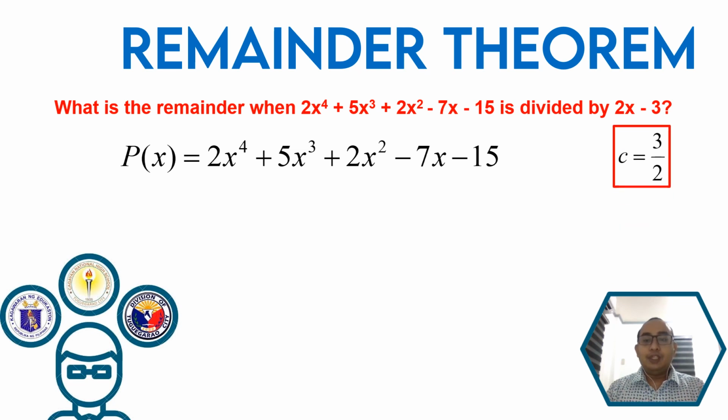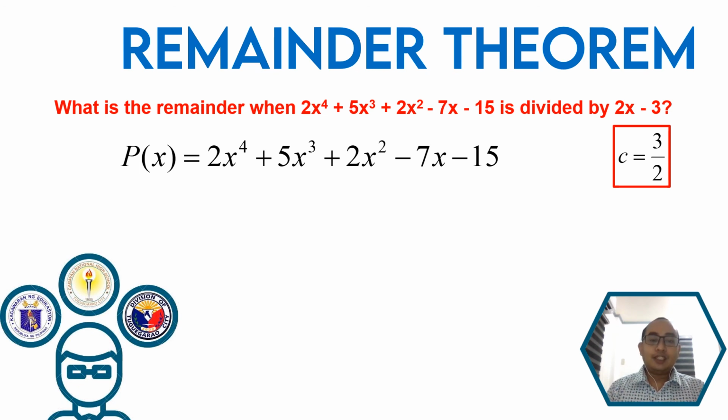And we let c be equal to 3 over 2. That came from 2x minus 3. Since the divisor does not take the form x minus c, we have to divide the terms of the divisor by 2. So that becomes x minus 3 halves. Therefore, the value of c is 3 over 2.